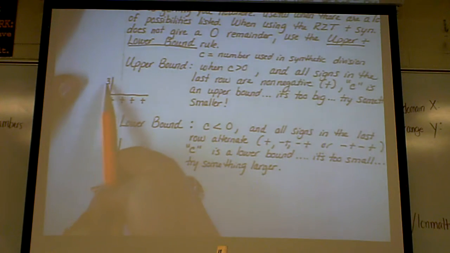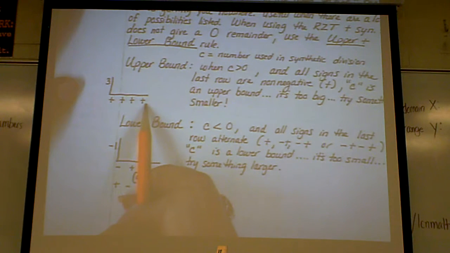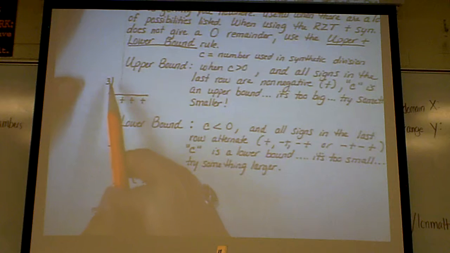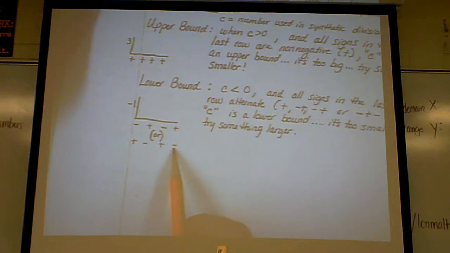So when you're trying a positive number, and you get all positive numbers here, that's an upper bound. Try something smaller, go the other direction. If you try a negative number and you get opposite signs, so negative, positive, or positive, negative, then that is a lower bound, try something bigger.